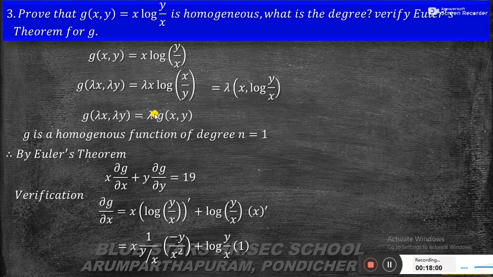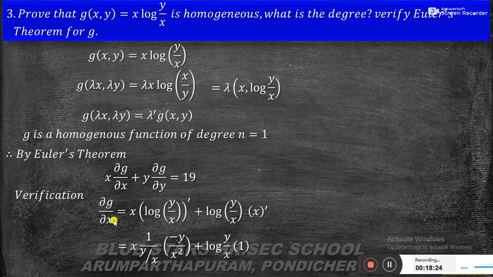Here the power of λ is 1, so the degree n = 1. Substituting in the right hand side, we get 1 times g, which equals g. So we verify that x ∂g/∂x + y ∂g/∂y = g.